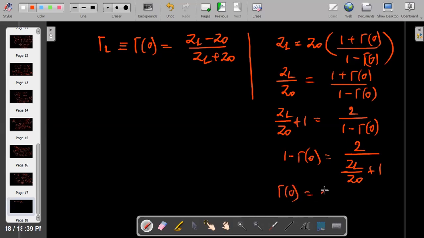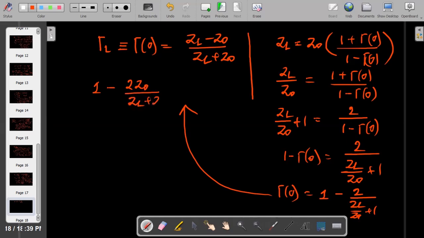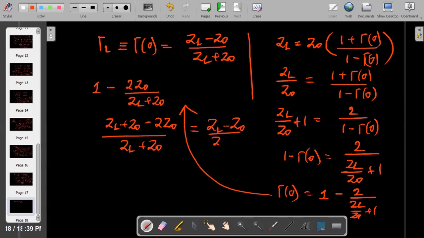Gamma naught is 1 minus 2 divided by (ZL by Z naught plus 1). So what it will come? Check. It is coming 1 minus 2 into Z naught over (ZL plus Z naught). So it will be coming ZL minus Z naught over ZL plus Z naught. Okay, it is coming. I think all of you got what I told, ZL minus Z naught.